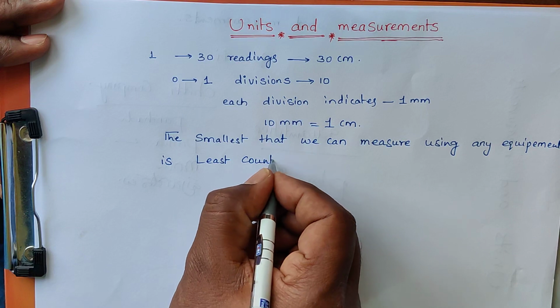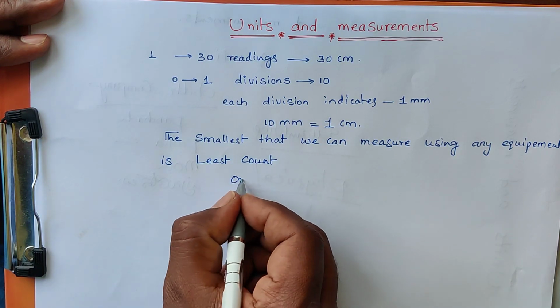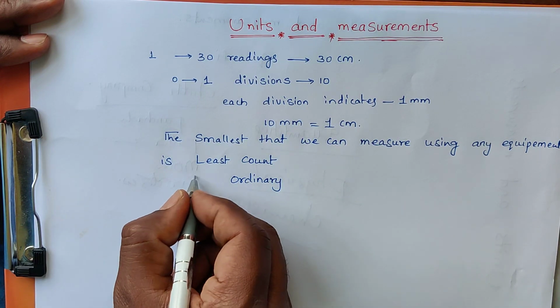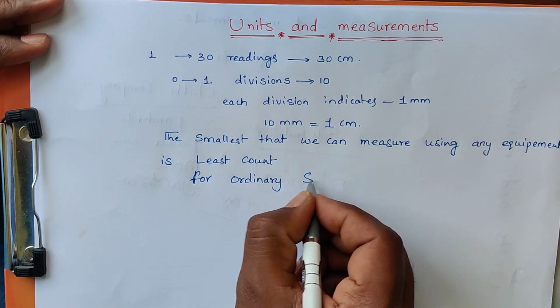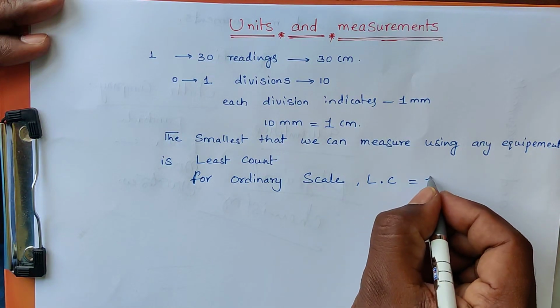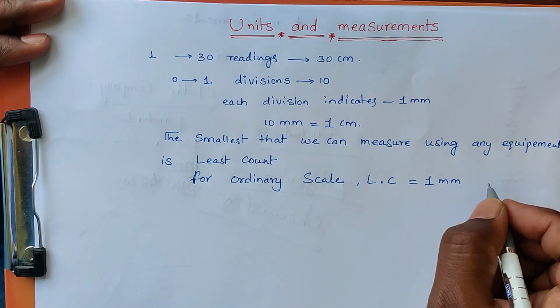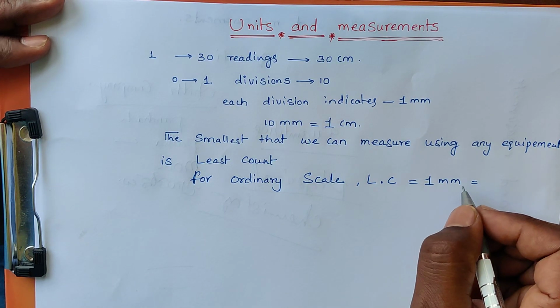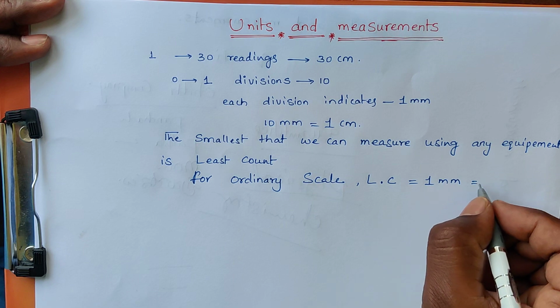So what is the least count of an ordinary scale? 1 millimeter. In terms of meters, we know from the previous class we discussed prefixes.